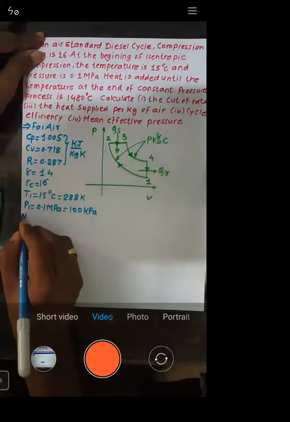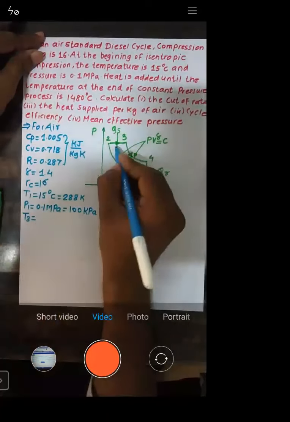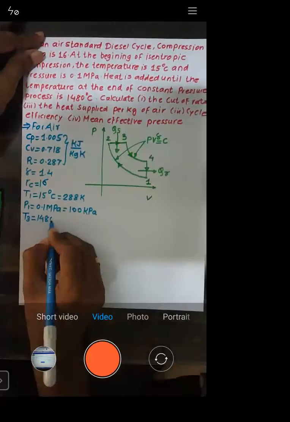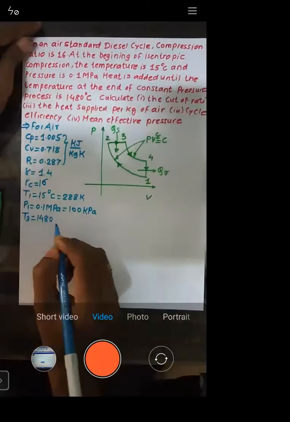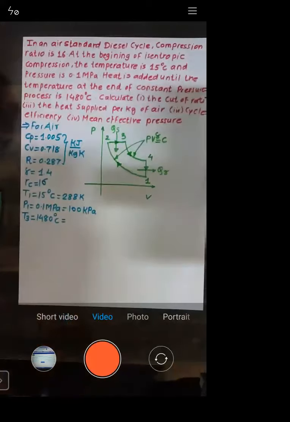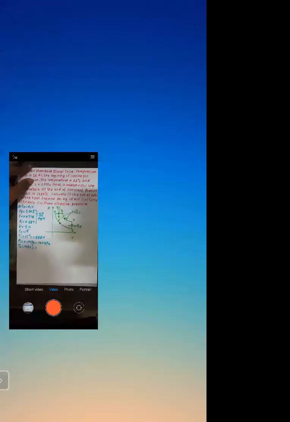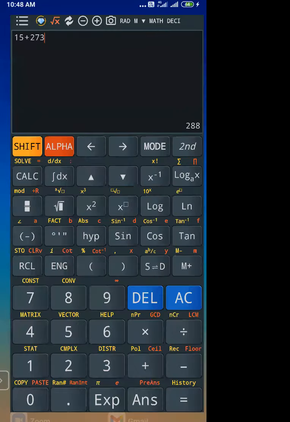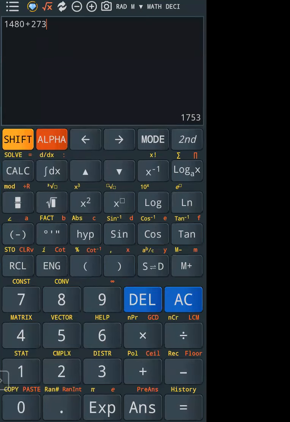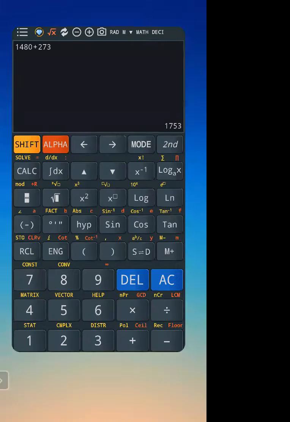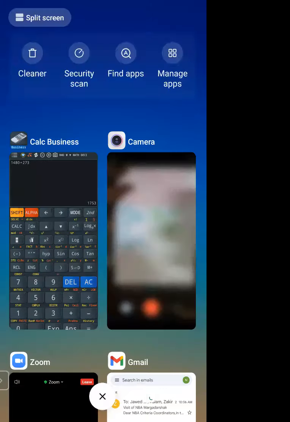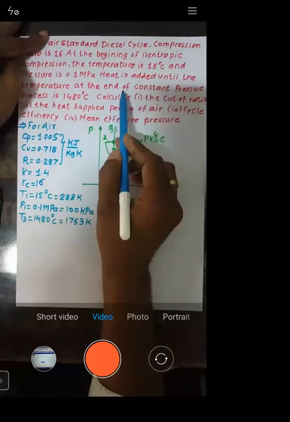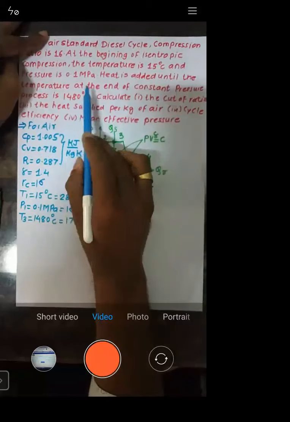So we want the temperature at the end of the constant pressure process to be 1480 degrees Celsius. Converting to Kelvin, 1480 plus 273 is 1753 Kelvin.